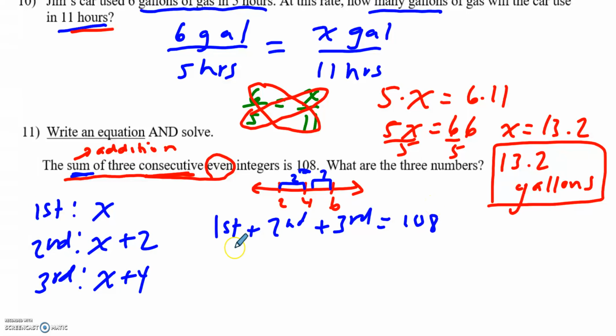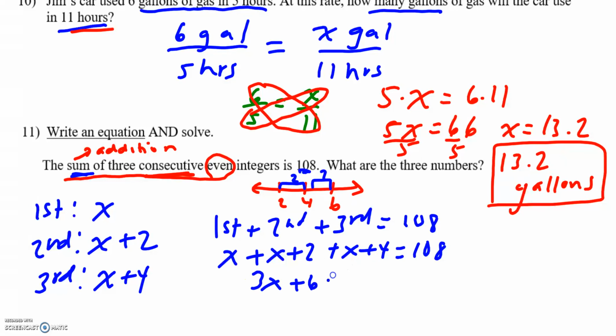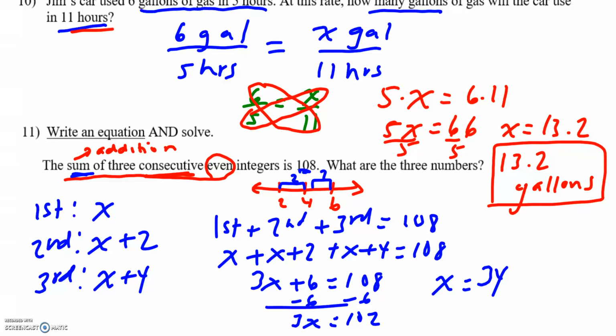If I do some substitution, that would be x plus x plus 2 plus x plus 4 equals 108. Combine like terms. 3x plus 6 equals 108. 3x equals 102. If I divide by 3, I will get that my first number is 34, which means my answer would be the first number is 34, the second is 36, and the third is 38.